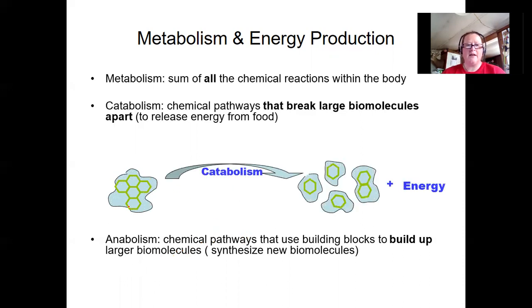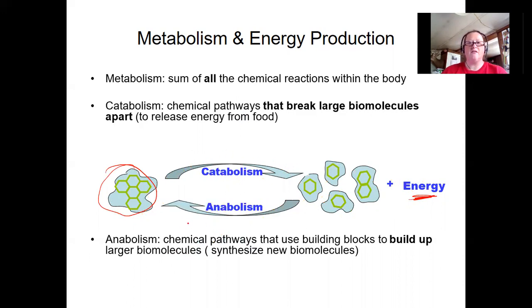So catabolism takes larger molecules and breaks them down, and we get energy from it. This energy can then be used to fuel, to energize, to supply the fuel to take molecules and put them back together for building purposes. So the two go hand in hand. Essentially, the catabolism provides the energy to support the anabolism. We're breaking things down to provide the energy to build other things that need to be built.